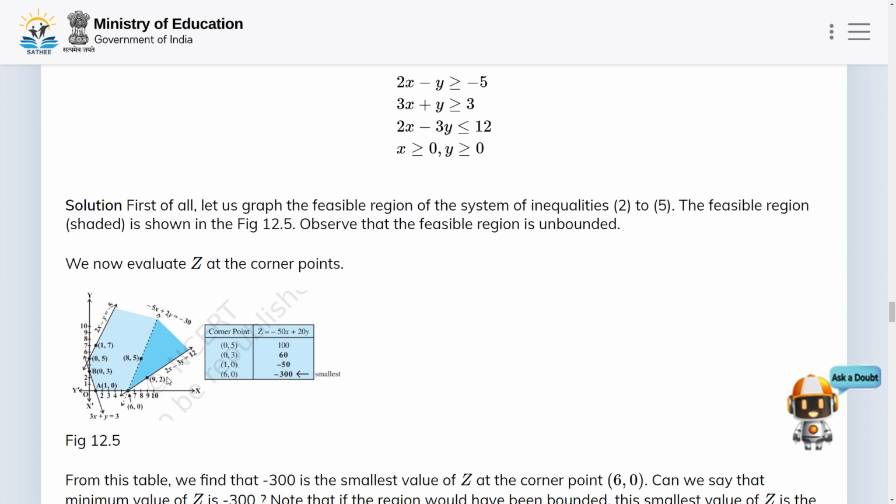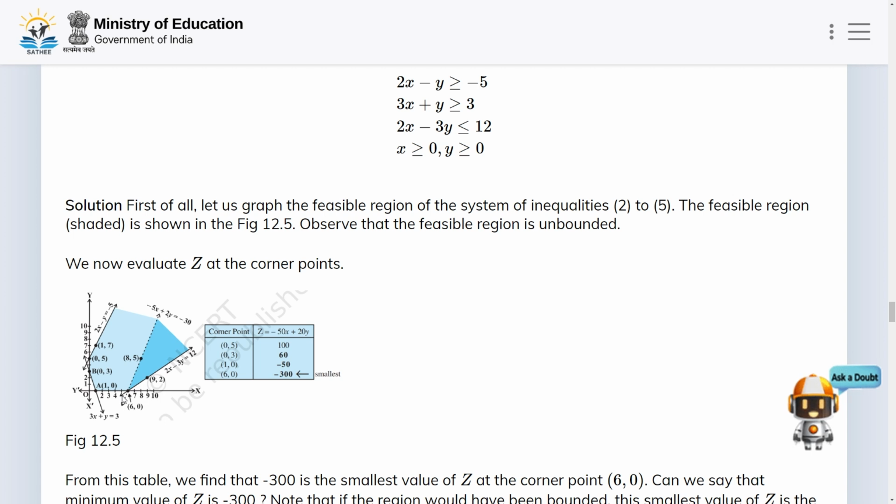The corner points are (1, 0), (0, 5), (0, 3) and (6, 0). These are the only 4 corner points, A, B, C and D. Clear? I hope that it is clear.